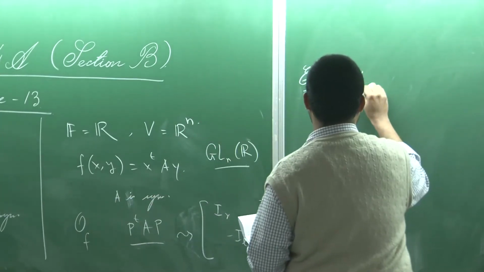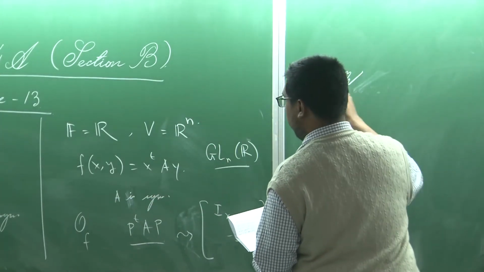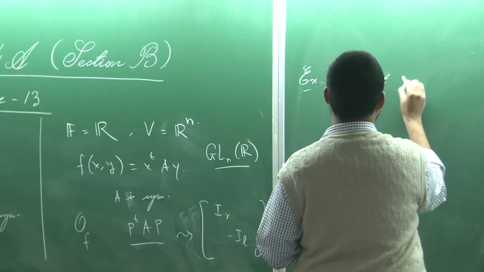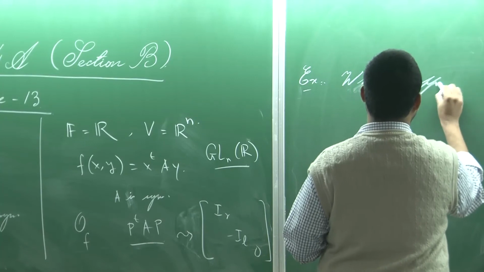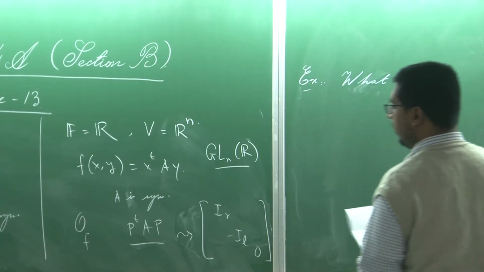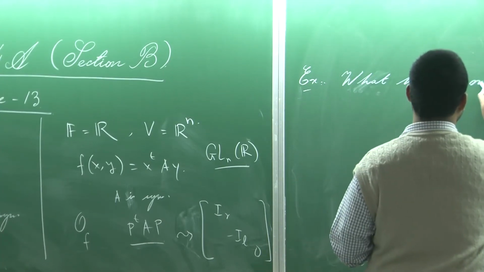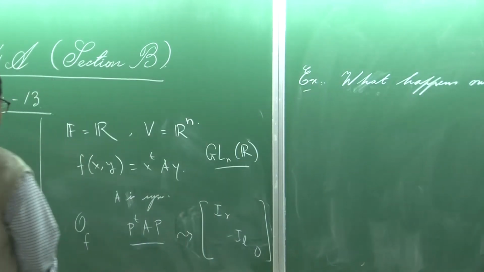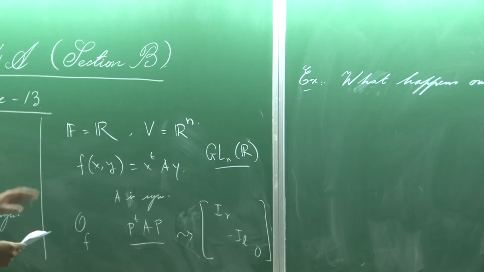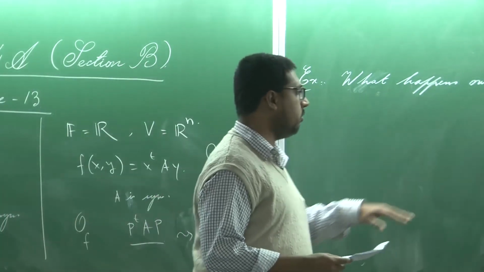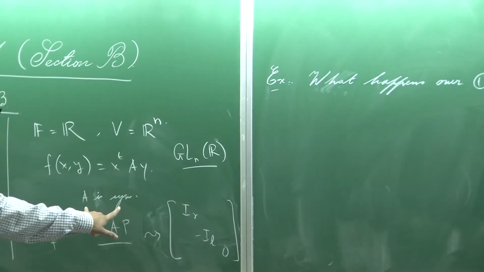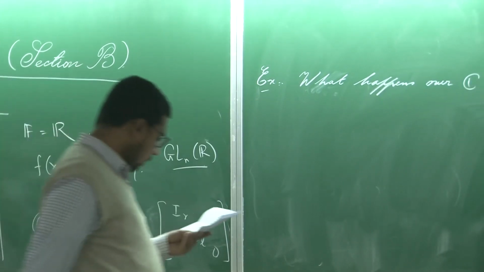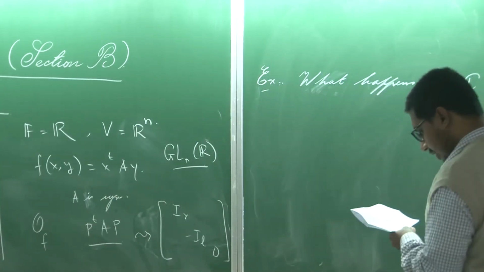So the question is what happens over C. If the field is C, then what can we say about the orbits of symmetric bilinear forms? Okay, this is what the question means.